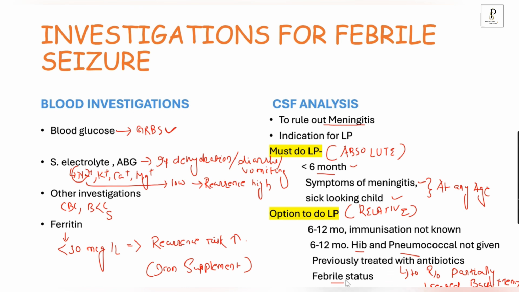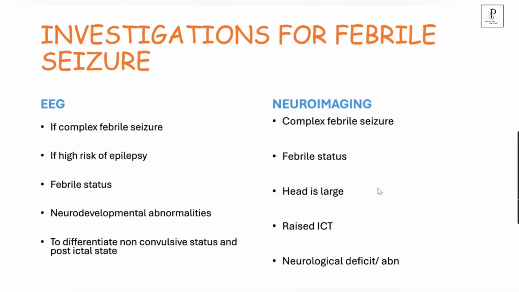Febrile status, you have an option to do LP. So CSF analysis, some are absolute indications, some are optional. Absolute is less than 6 months and symptoms of meningitis or sick looking, you have to do LP.